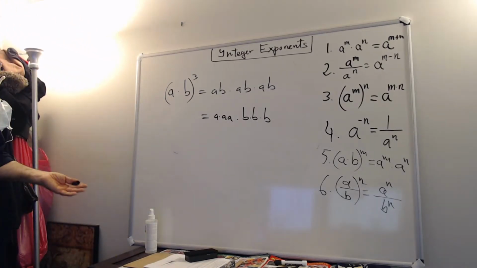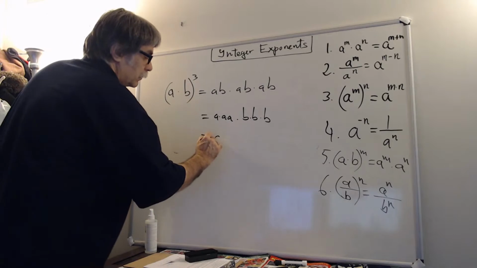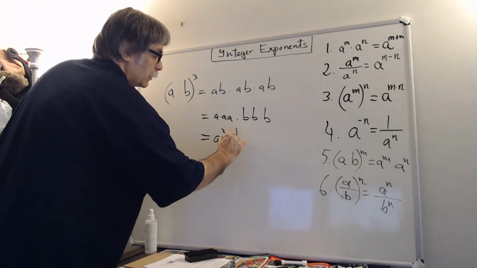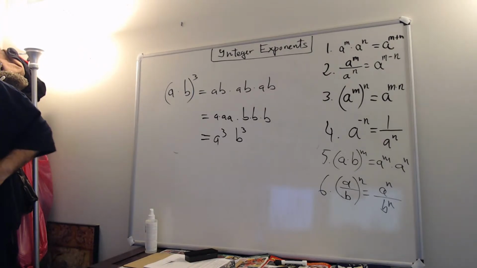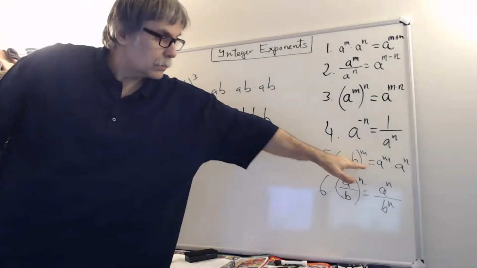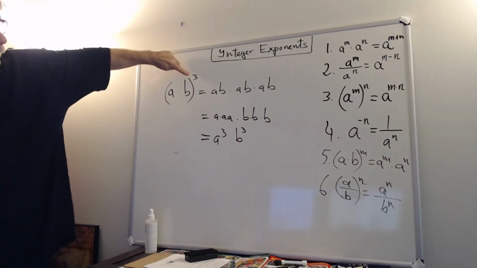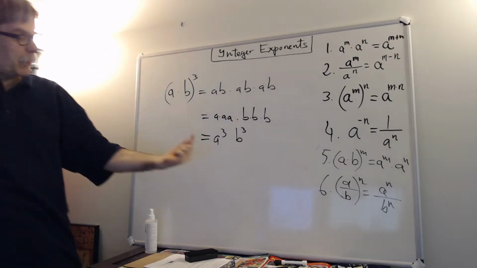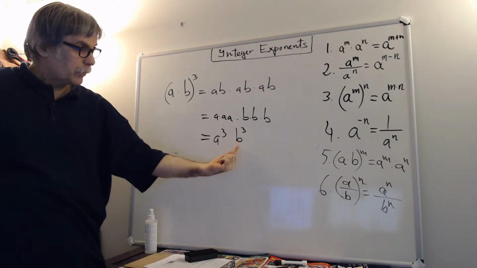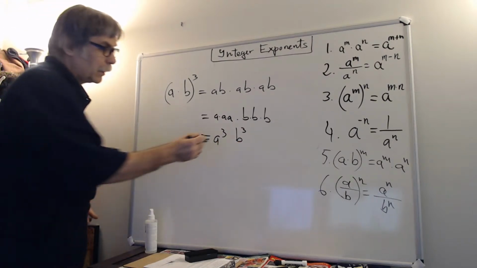And what do you have now? A cubed, B cubed. And that's exactly what the property says. If you want to make a cube of a product of two numbers, all you have to do is to make a cube of the first one and cube of the second one, and then you make a product.